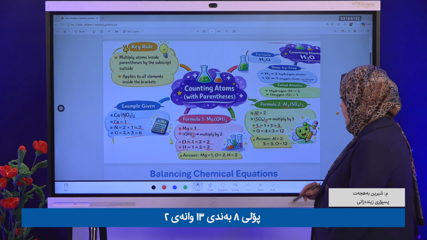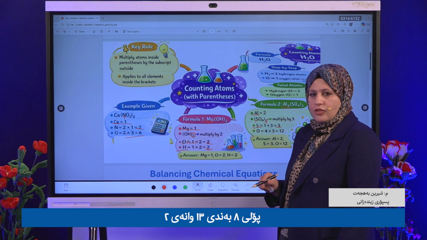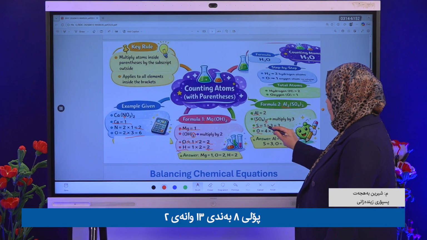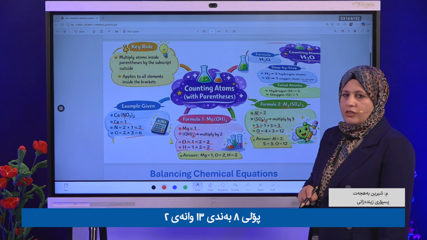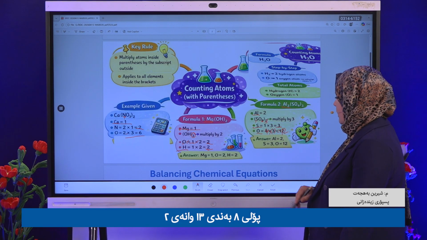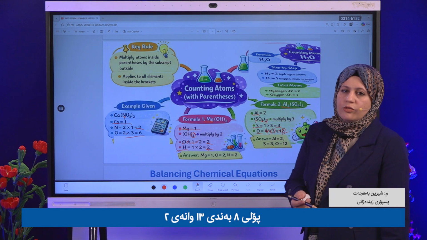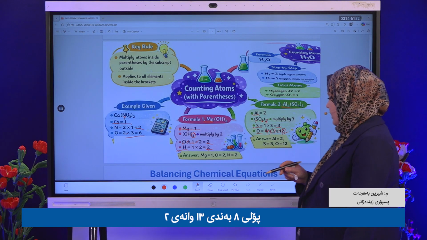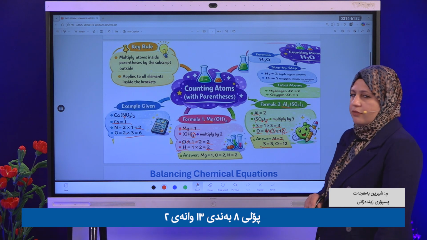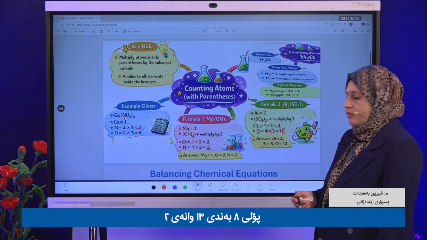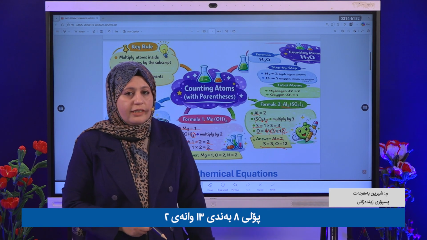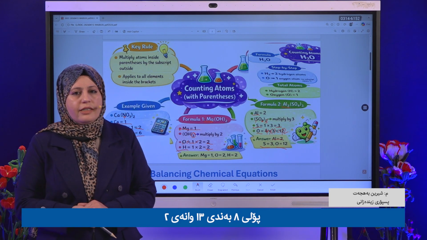Only 3. What about oxygen? The subscript of oxygen is 4. 4 times 3 will be 12. So the answer: how many atoms are present in this formula? 2 aluminum, 3 sulfur, and 12 oxygen.